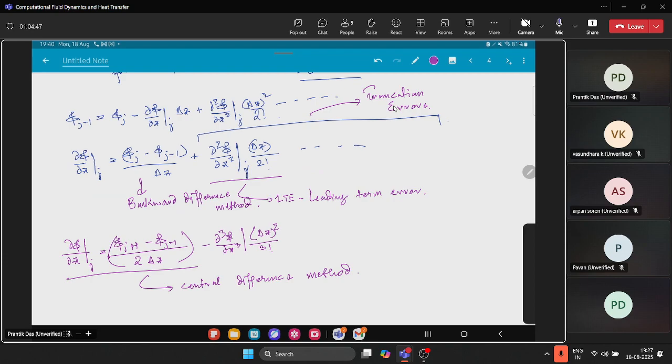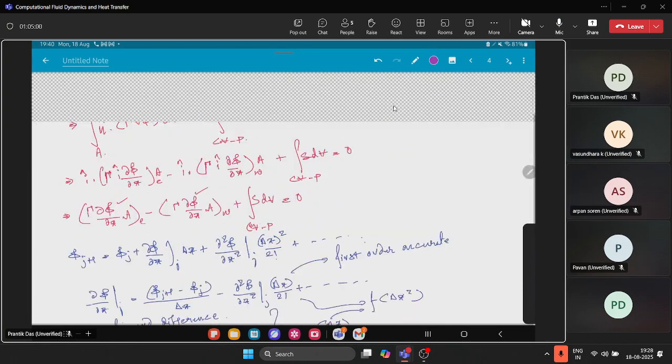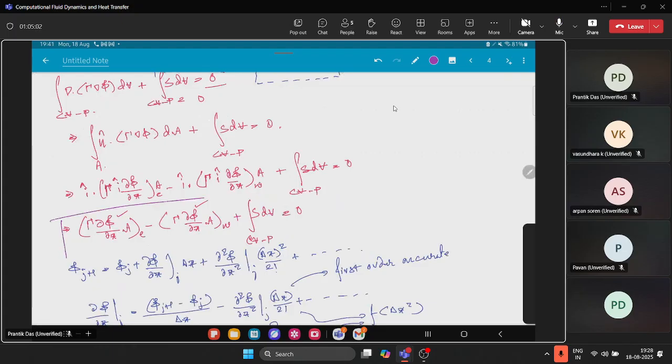So one thing you can do is solve that equation using the central difference method and discretize the equation that I have shown earlier, for example, this equation itself.